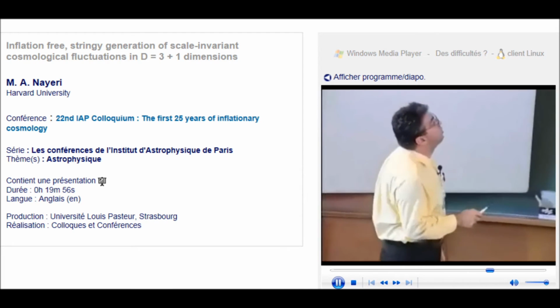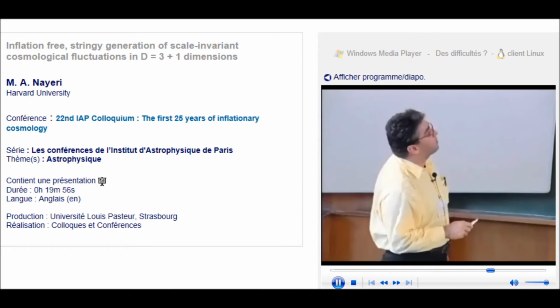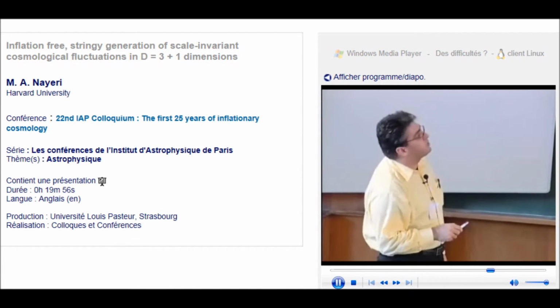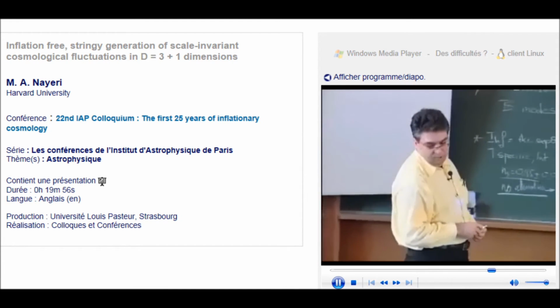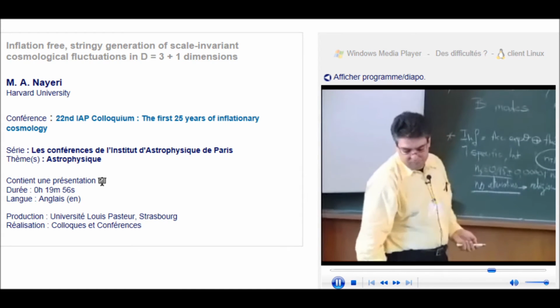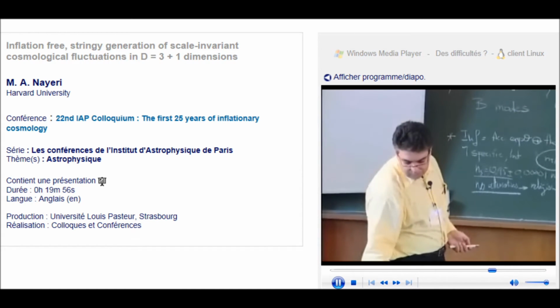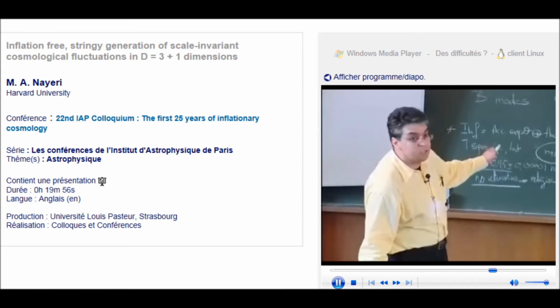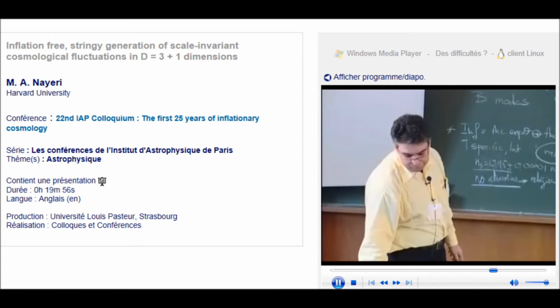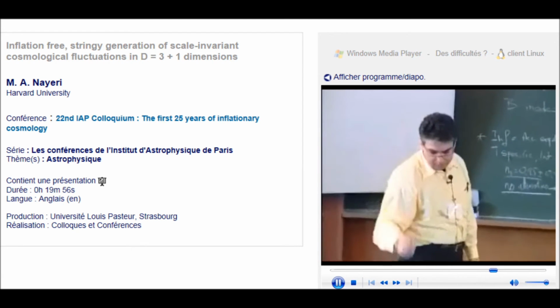In this case also, as you can see, the power spectrum for gravitational waves scales like k to the 2D minus 3. So again, it would be scale invariant only if the number of spatial dimensions is 3. And from there, you can find the ratio between the tensor modes and the scalar modes.